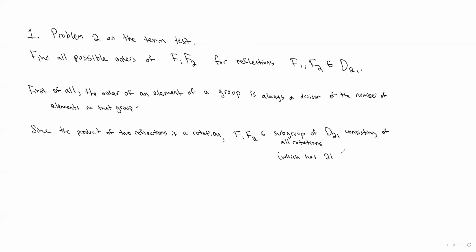There are 21 rotations, right? And they form a subgroup. The product of rotations is a rotation, and the inverse of a rotation is a rotation. Okay, so that means that the order of F1, F2 must divide 21, which is the number of rotations.